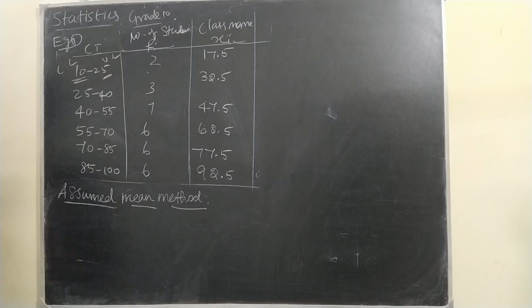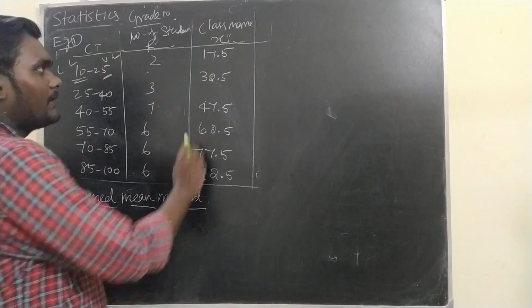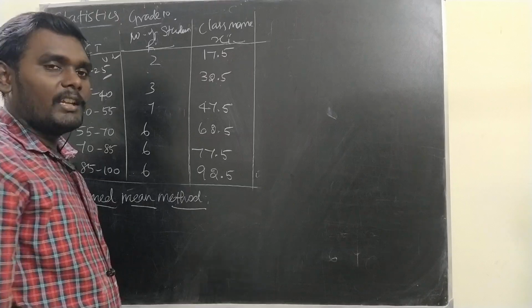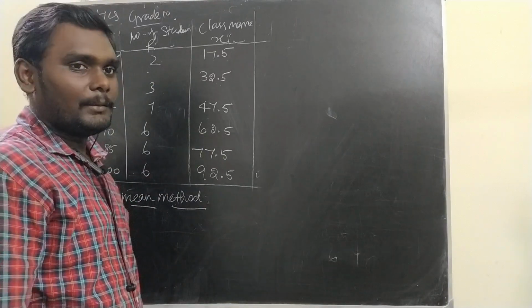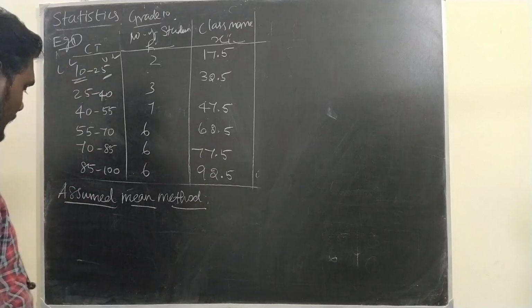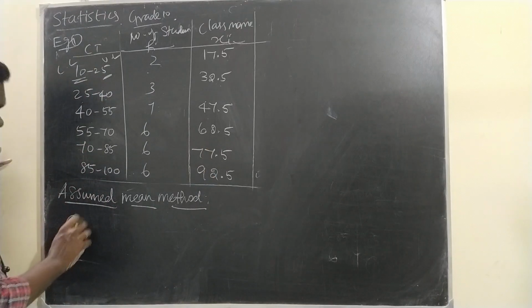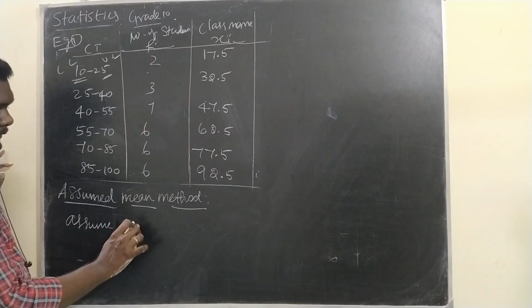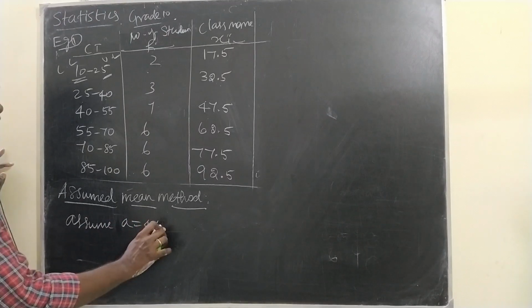See, assumed mean method means among these xi's, we can assume any one number as the mean. So let us assume A is equal to 47.5.